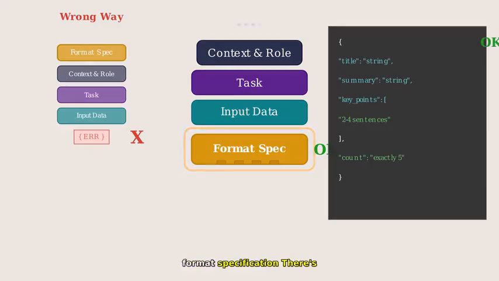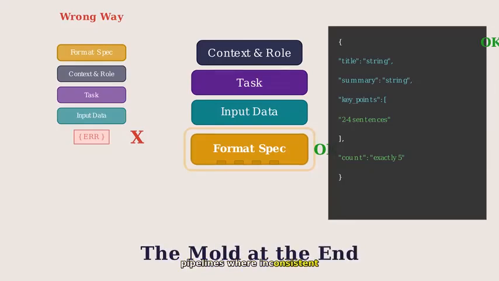That is a format specification. There's only one valid way to interpret it. The more structured and specific you are, the more consistently the model performs across runs. This is especially important in pipelines, where inconsistent formatting in one stage can break the parsing logic in the next.